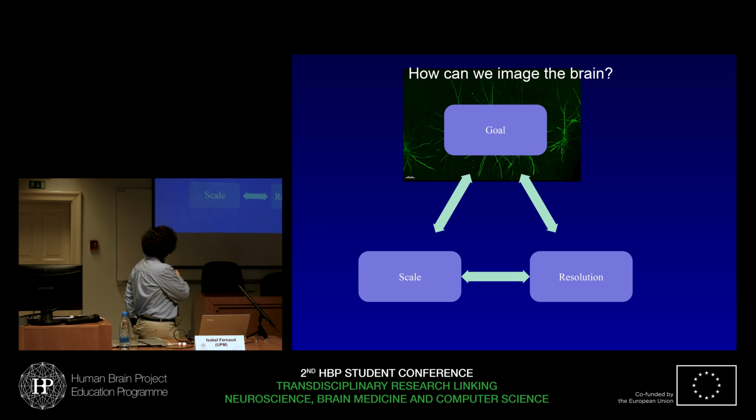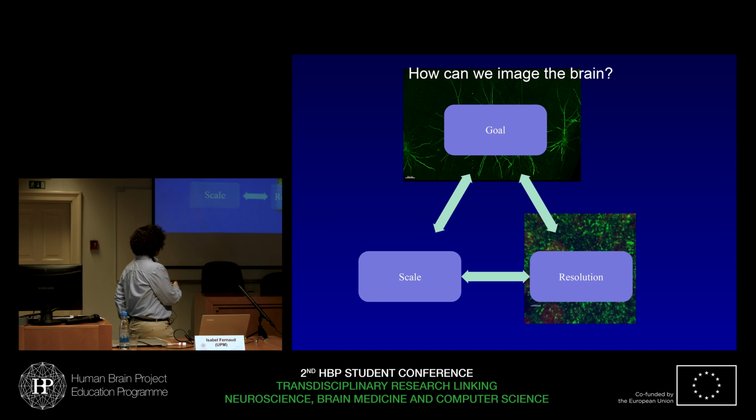But then, when you have decided what you want to study, you come to the resolution. If you are going to study a very, very small structure like a synapse, you need the highest resolution, okay? But if you want to study neurons, you don't need such high resolution. Why?